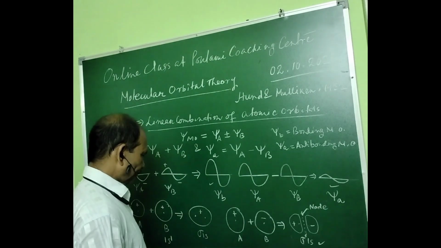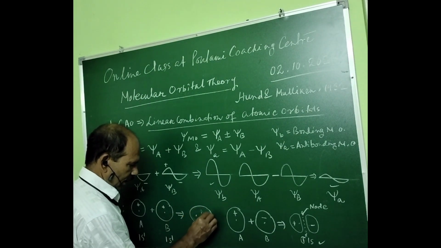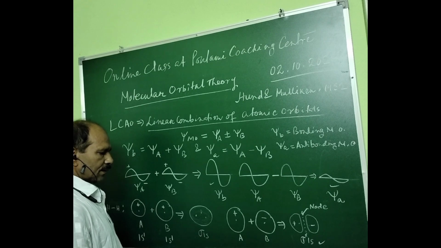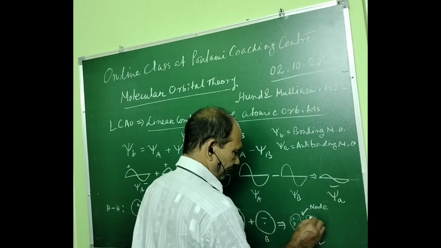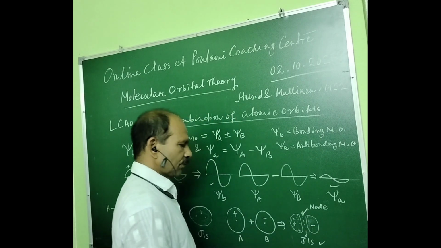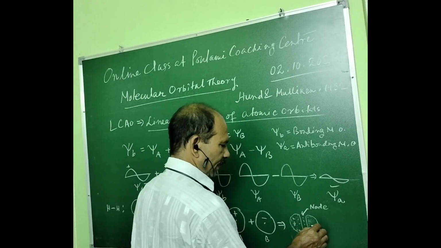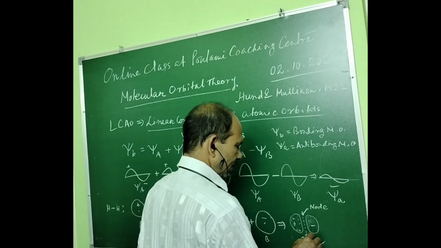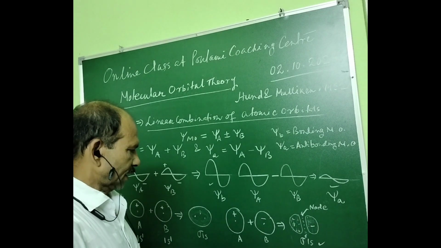Here, electrons are spread out over this region. In the antibonding molecular orbital of hydrogen, this is positive symmetry, this is negative symmetry, and there is a node between the two nuclei, so they repel each other and are far away from each other.